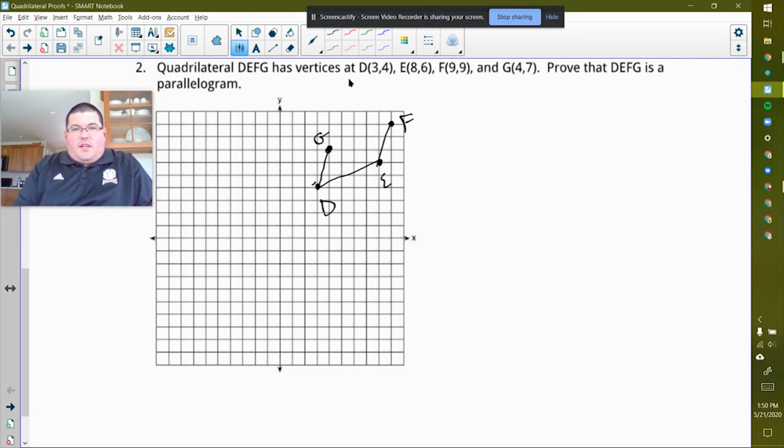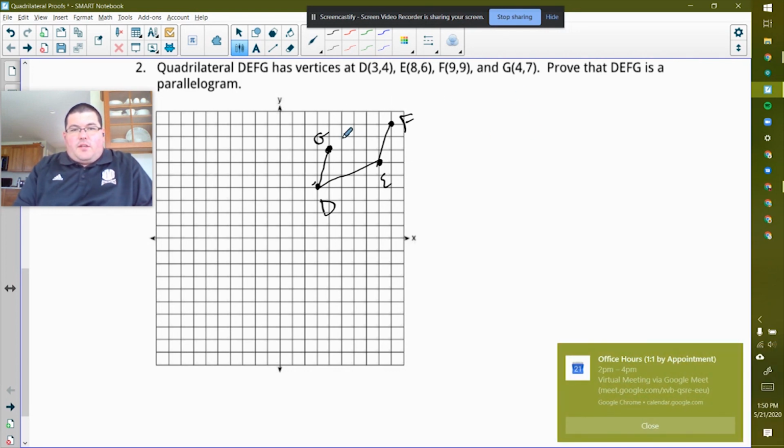Well, let's use the same techniques that we did before. In order for this to be a parallelogram, we would need to prove that DE is both parallel to FG as well as DE is congruent to FG.